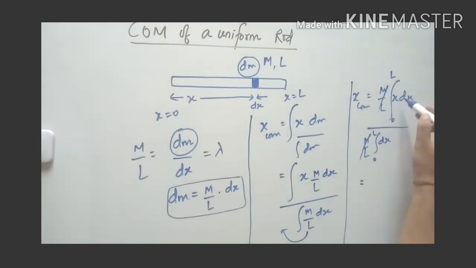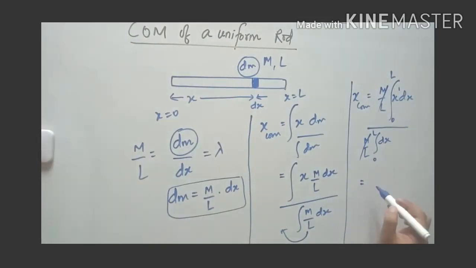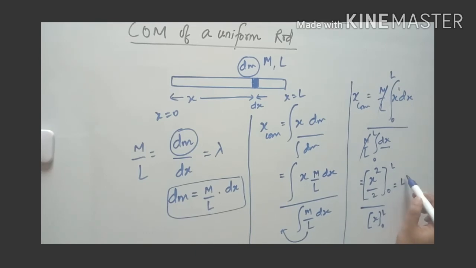So this becomes x raised to 1 dx. Its integration will be x raised to 1 plus 1 by 1 plus 1, that is x squared by 2, and the integration of dx will become x, with limits 0 to L. On putting the limits, we get L squared by 2 divided by L. So L and L cancel out, and hence we get the answer, L by 2.